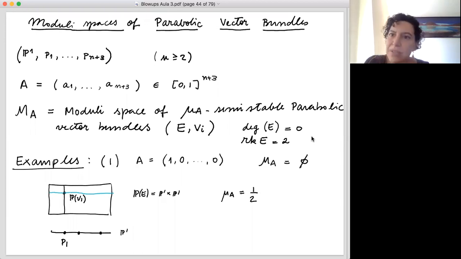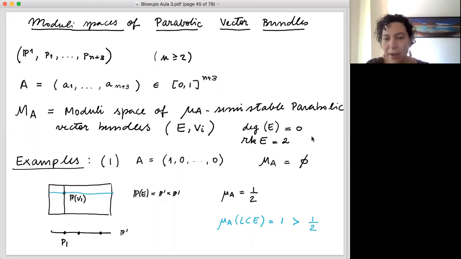This gives me a sub-line bundle of degree 0. But since it passes through the parabolic direction, when I compute the degree of this parabolic line bundle, it is going to be 1. So this line bundle destabilizes my vector bundle E. Any rank 2 vector bundle on P1 with this weight will have a destabilizing subsheaf. So in this case, the moduli space is empty.